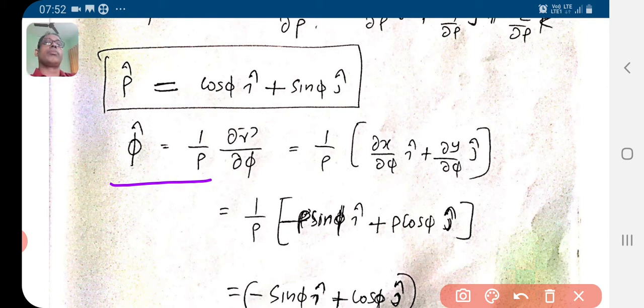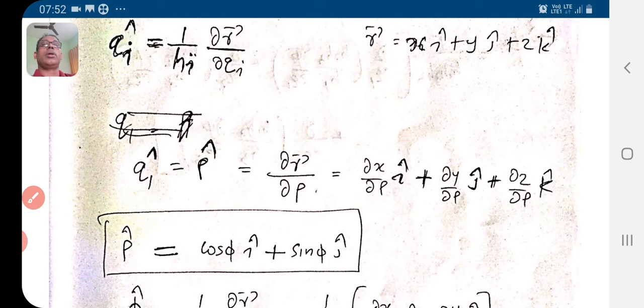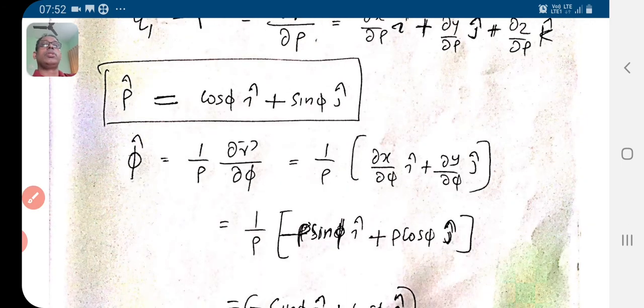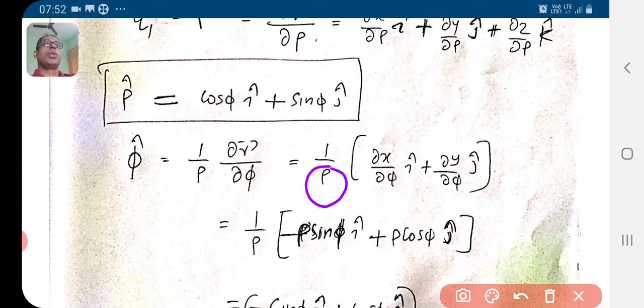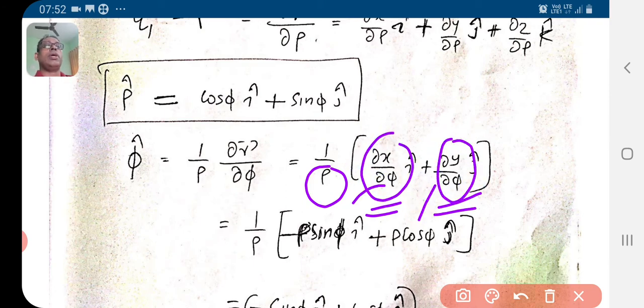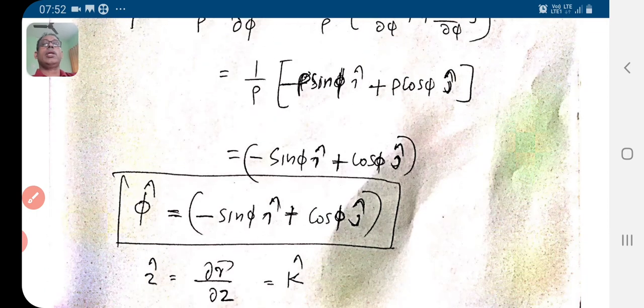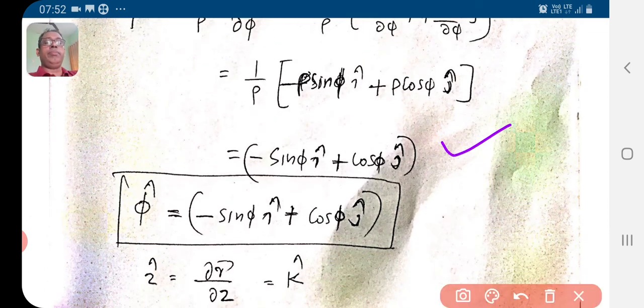1 by rho, because this is the general expression for H2. We substitute this rho, and we have dou x dou phi i, dou y dou phi j. Substitute for this, and we get minus sin phi i plus cos phi j.